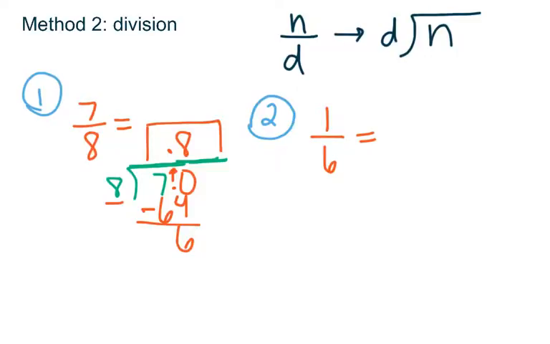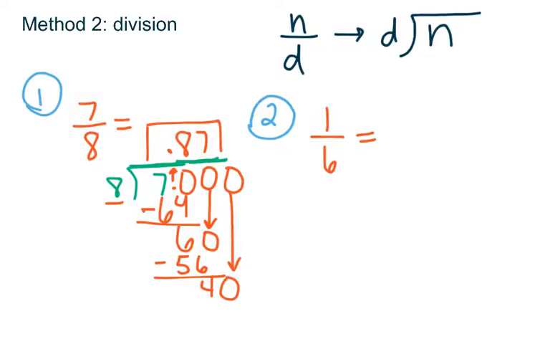So 8 cannot go into 6, so I'm going to add another 0. Bring down my 0, and now I have 60. How many times can 8 go into 60? It can go in 7 times. 7 times 8 is 56. Subtract, I get a 4. I'm going to add another 0 because I haven't run out of numbers yet, and I'm going to bring that down to make 40.